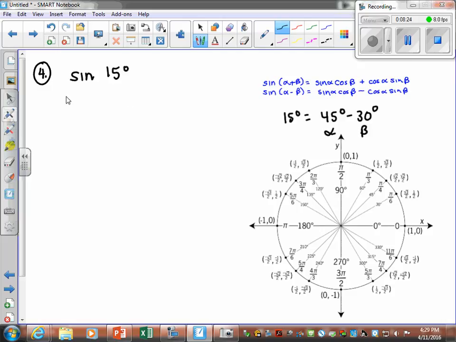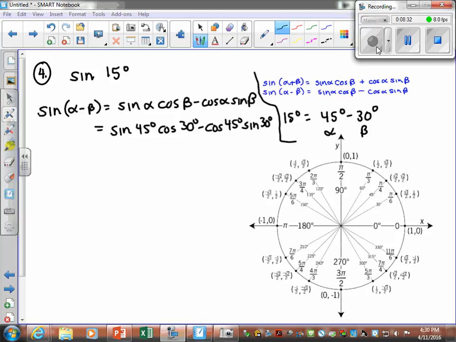So let's go ahead and rewrite this, labeling our alpha and our beta, pulling our formula over, and evaluating. Okay, so we're going to have the difference formula over here, so we jot that down and then we plug in 45 for alpha and 30 degrees for beta. Let's go to our unit circle and evaluate.